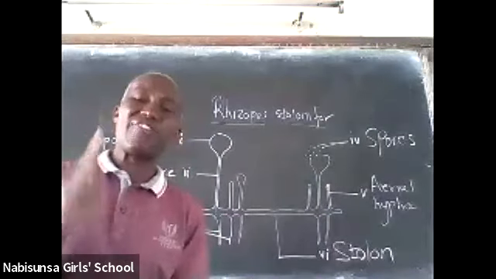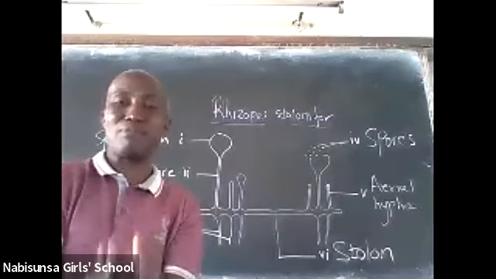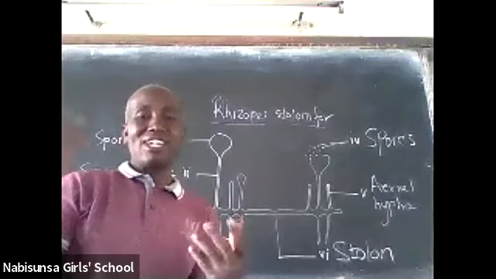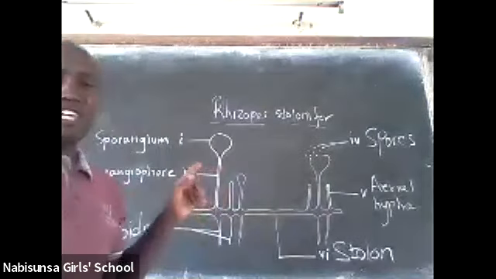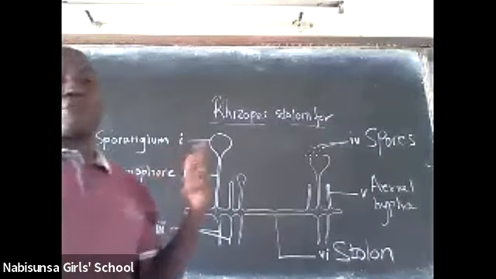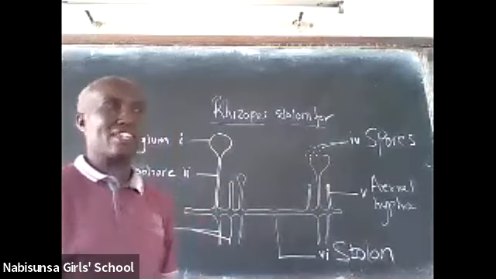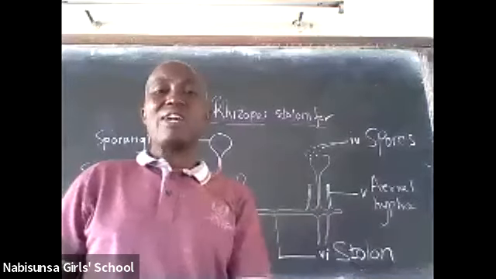Now, how they find their way onto the bread, which is sealed in a polythene bag, is this way. It should have come at the end, but let me talk about it. These organisms reproduce asexually by means of spores. Spores are tiny, light, airborne bodies.